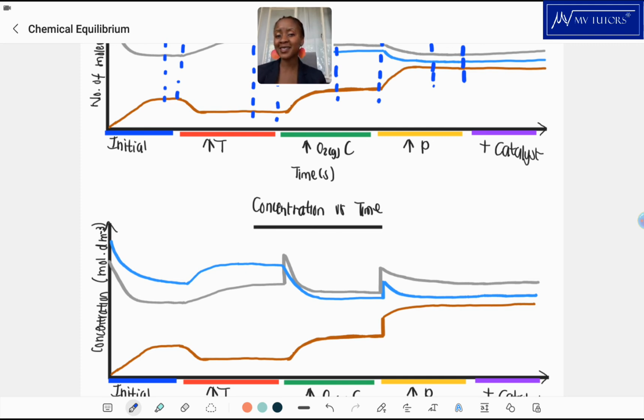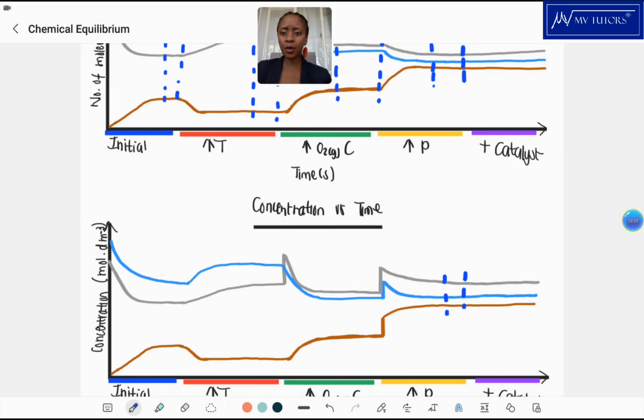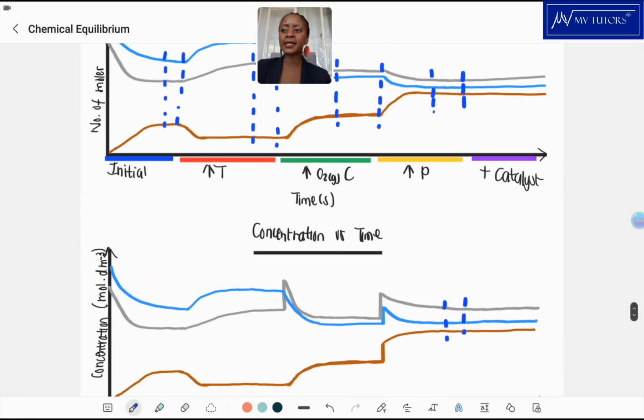But your products, again, because it is forward favored, product favored, will continue with that gradual increase until it reaches equilibrium, whereas your reactants will go on decreasing slightly or gradually until it reaches equilibrium. Okay, so we reach equilibrium over here.